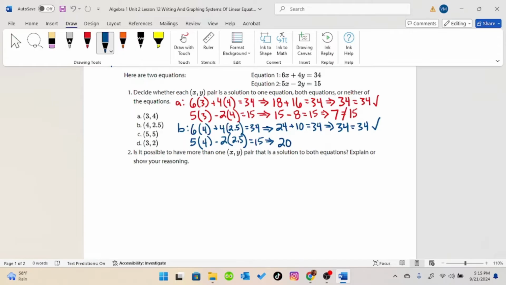Negative 2 times 2.5 is negative 5. 20 minus 5 equals 15. 15 does equal 15, so it solves both of them, so it is a solution.